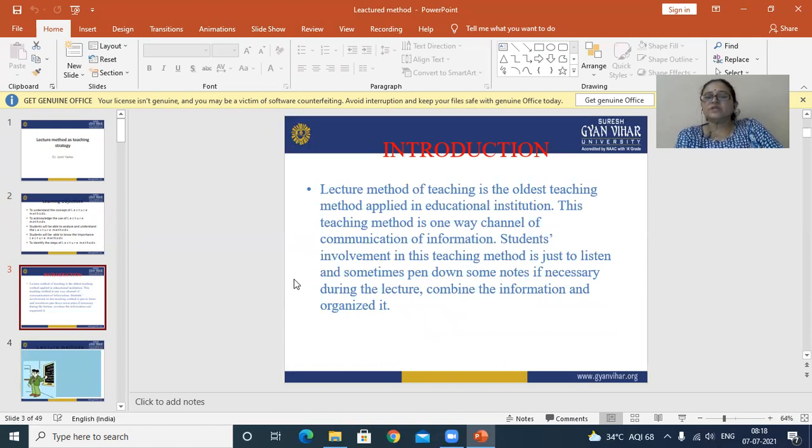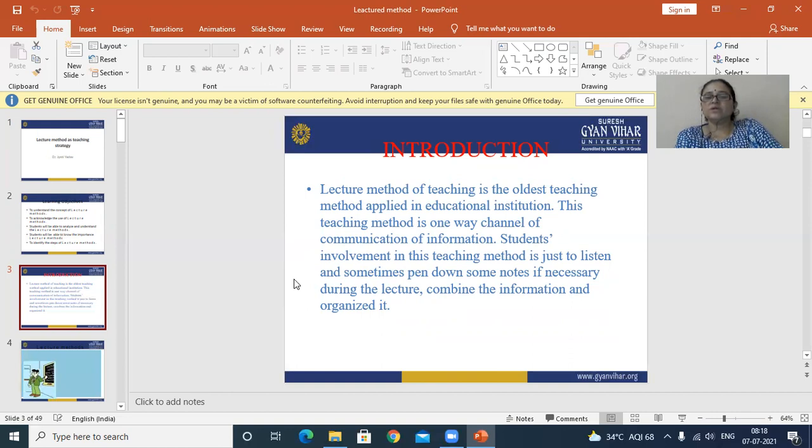Lecture method of teaching is the oldest teaching method applied in educational institutions. This teaching method is a one way channel of communication of information.